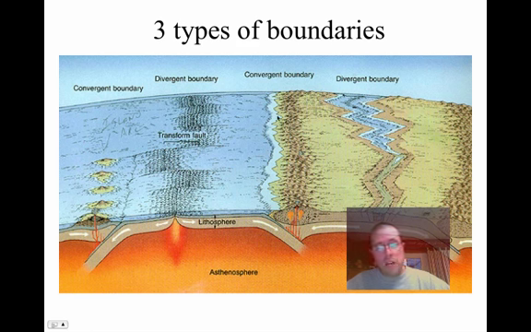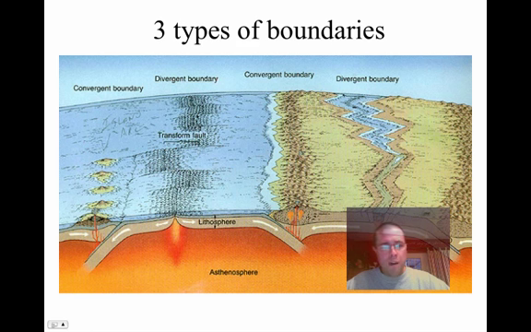We also have a convergent boundary where oceanic is meeting continental. And this forms a mountain chain of volcanic mountains. Now we can also have continental to continental. Over here on the far right, you see continental crust to continental crust, and that forms just a big mountain range.